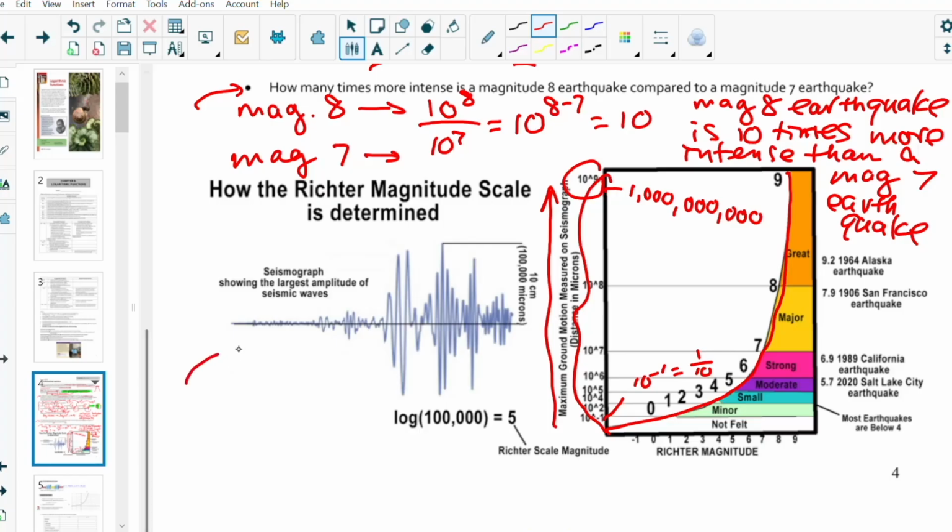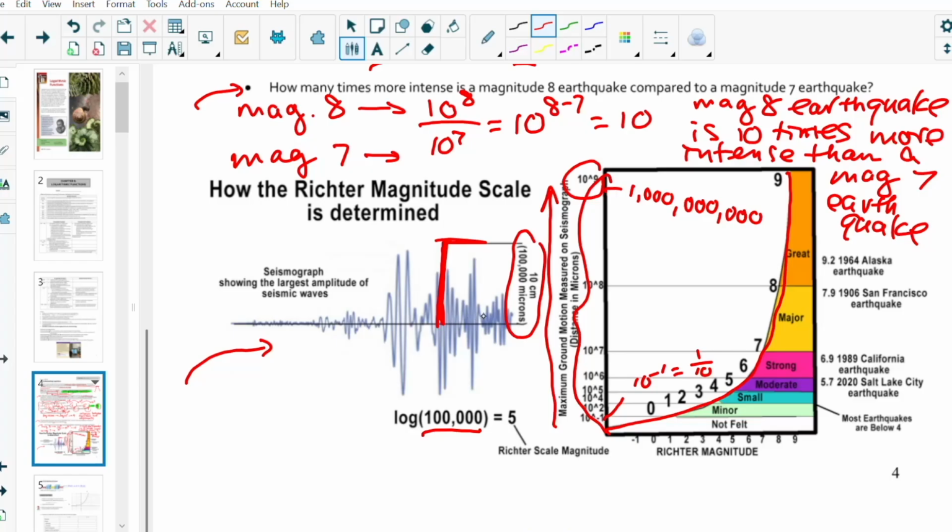Okay, so if you ever wondered, here's a representation of what a seismograph might show for earthquake intensity readings. Okay, amplitude of seismic waves, so the shock waves that you're feeling. If it's a 100,000 micron wave that it's measuring, amplitude, right? So amplitude is like the height of the wave.